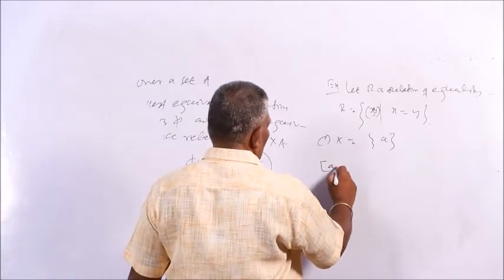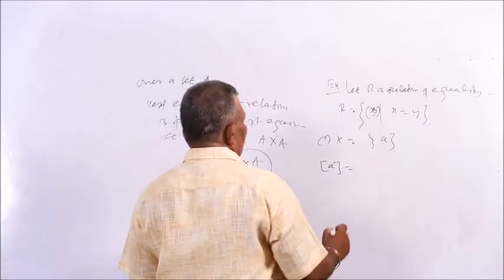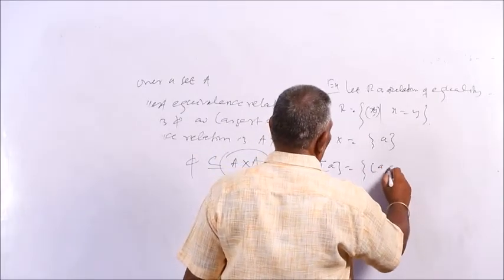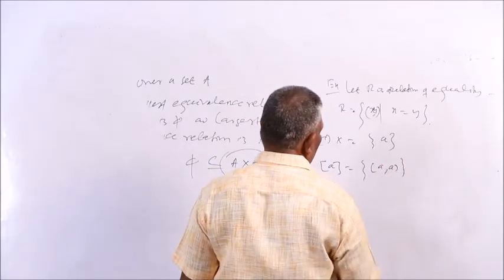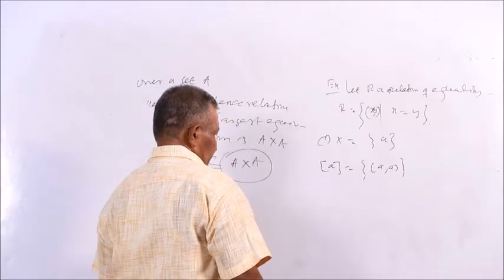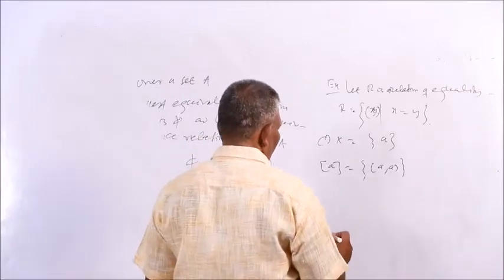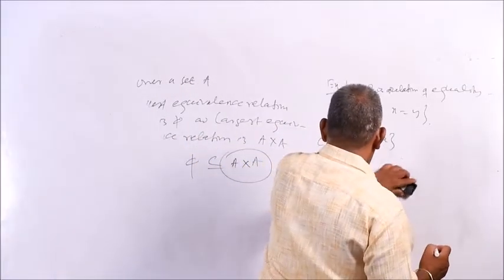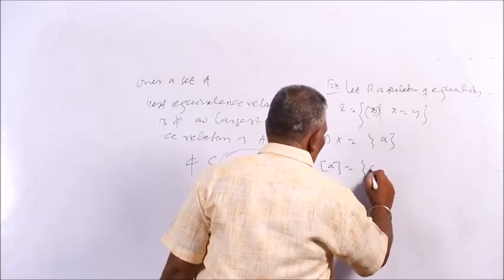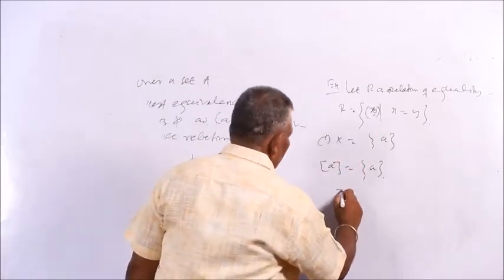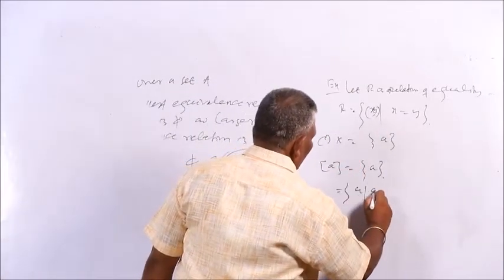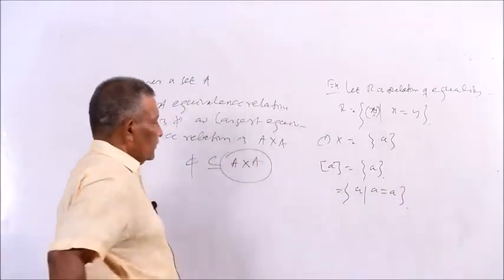Equivalence class of a consists of only one ordered pair (a, a). The class contains only one element, as it is the set of all a such that a equals a.